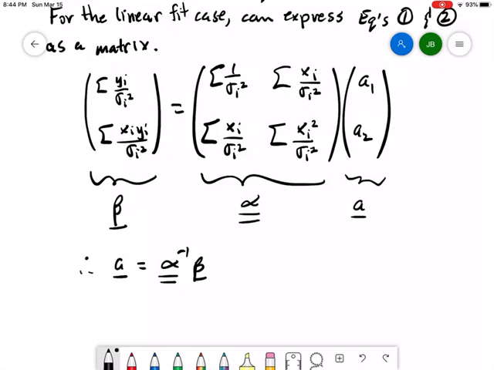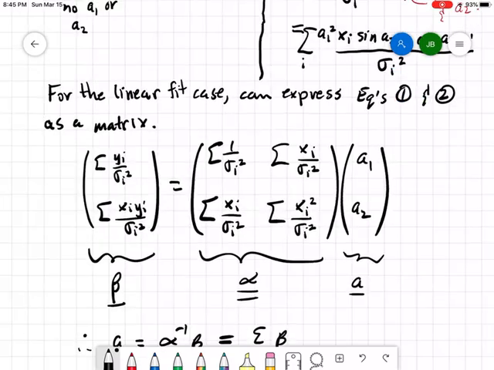One of the really beautiful things about this is that if we examine the properties of alpha inverse, which we called the error matrix epsilon, the diagonal elements of epsilon gave the uncertainties in our parameters. Everything in beta and everything in alpha we could calculate exactly, so there's no guesswork in finding the best fit parameters.